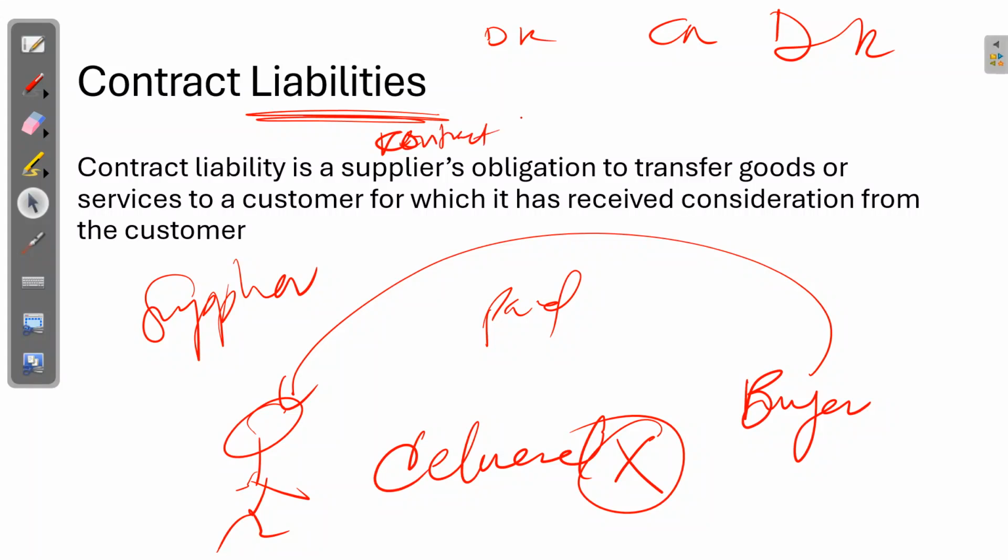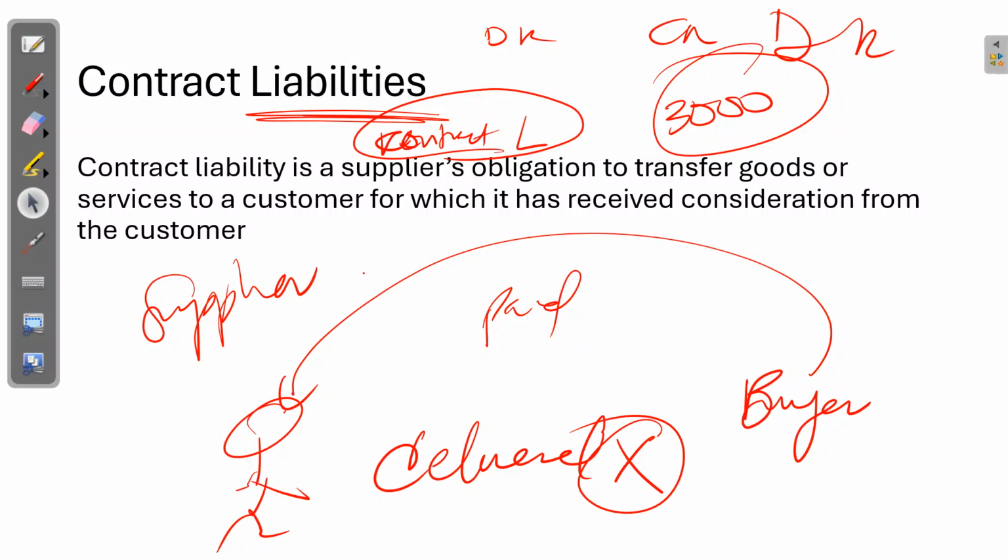So maybe 3,000. We have not delivered the product, but we have received the money. So if we deliver the product, then we will debit the contract liability and credit revenue. So to move from contract liability to revenue. So that's contract liability.